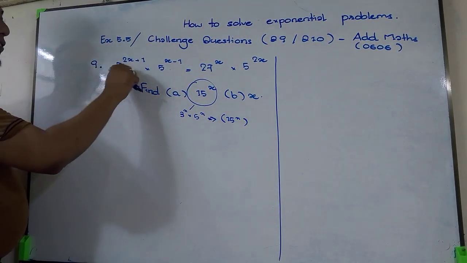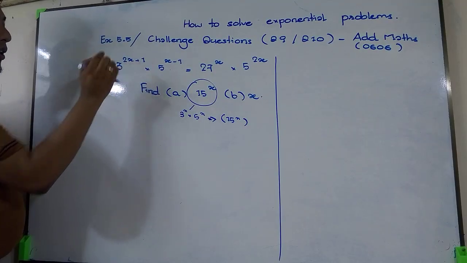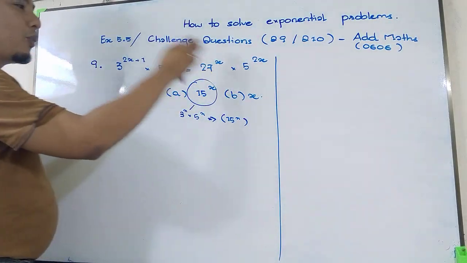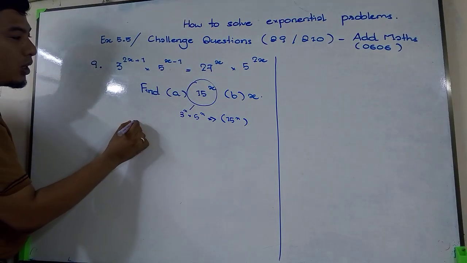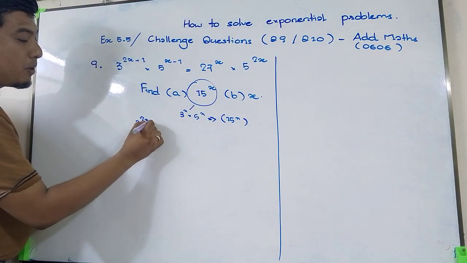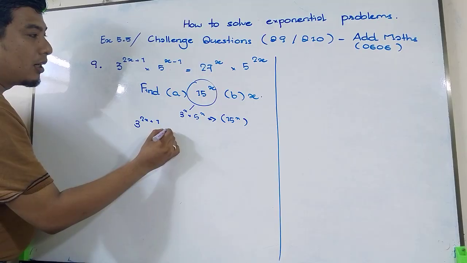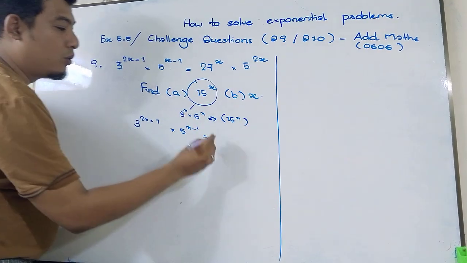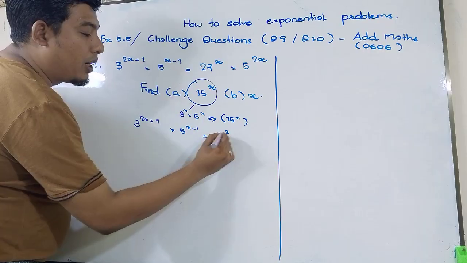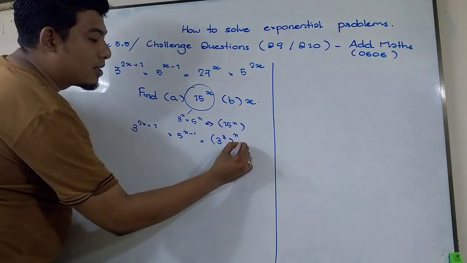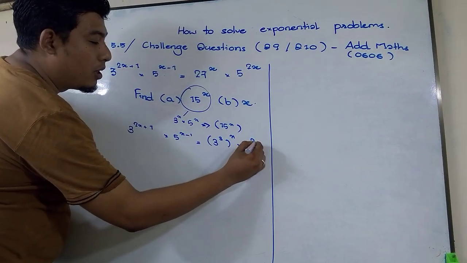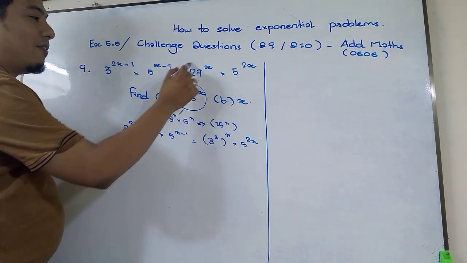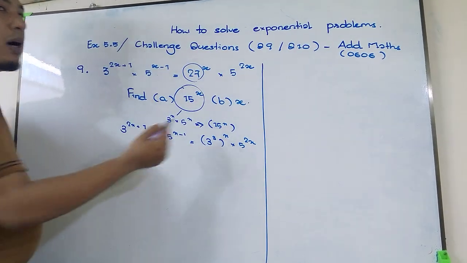So we have to make 3 to the power x times 5 to the power x first. For the first step, you have to shift everything aside, like 5 on one side and 3 on the other side. So 3 to the power 2x plus 1 times 5 to the power x minus 1 is equal to 3 to the power 3, the whole to the power x, times 5 to the power 2x, because I can change that 27, which is equal to 3 to the power 3.